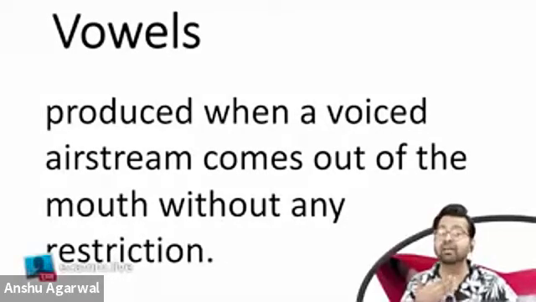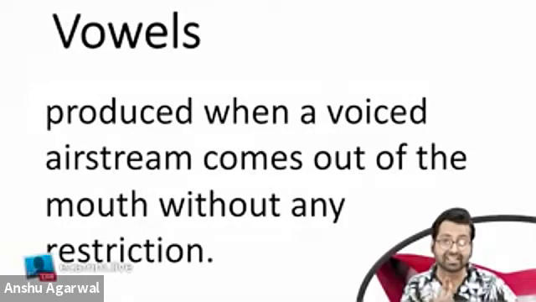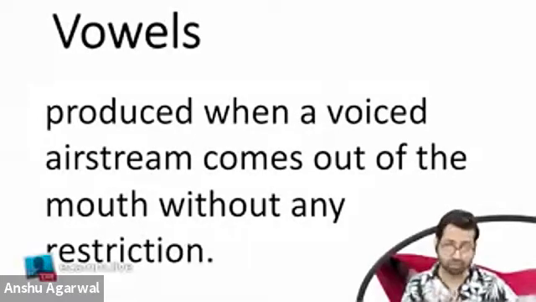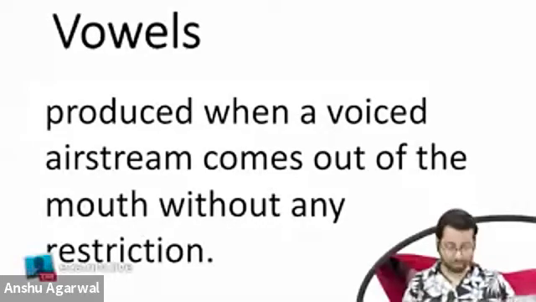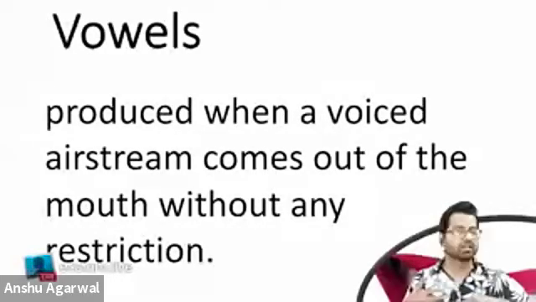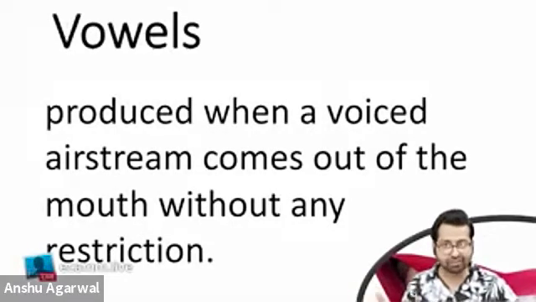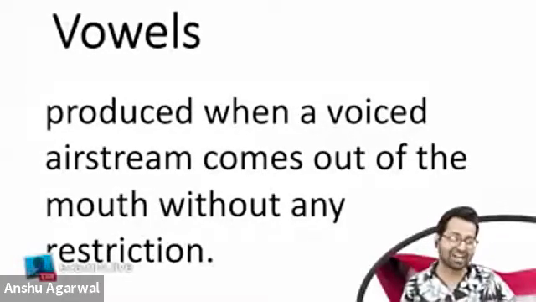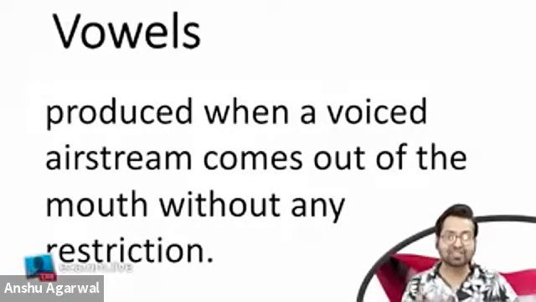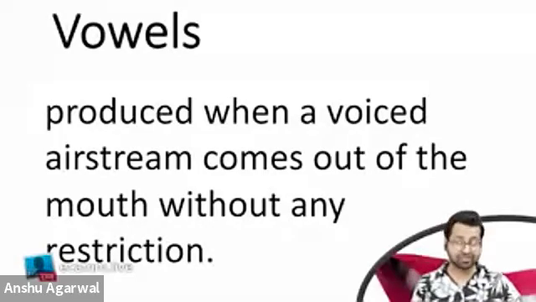There's vibration in the vocal cords, in the larynx of your throat, your sound box, right? When there is no restriction, all the sounds that come out, and if they have meaning, they're all vowels. They have to have meaning. You cannot just take out any sound; that won't be a vowel. That would just be a voiced airstream without restriction.